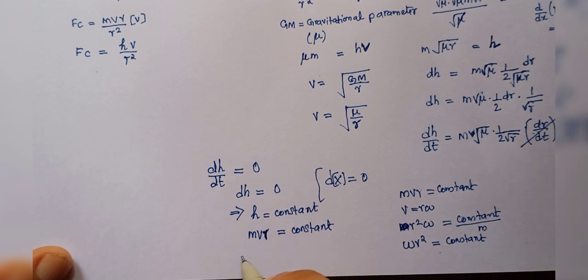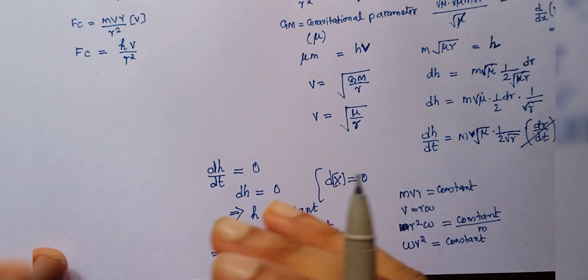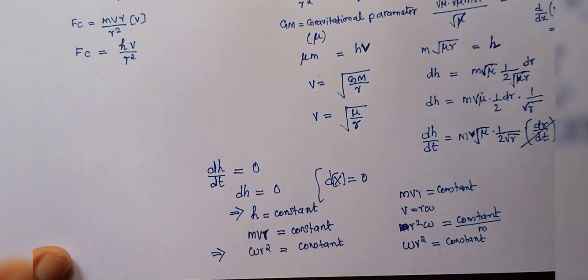So this also yields me an important expression: omega r square is going to be constant for any location, for any orbital position of any planet which is revolving. So in that condition, these two concepts apply very interestingly.